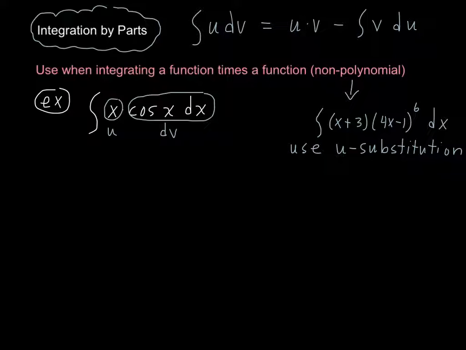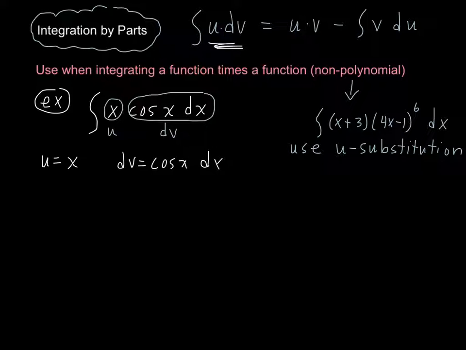So that resembles what we see up above here. We are looking to integrate u times dv. So again, we're going to let u be x, and then dv is going to be cosine of x dx. All right, and so what we need to do next is we're just going to copy this down. So u is x, and dv is cosine of x dx.